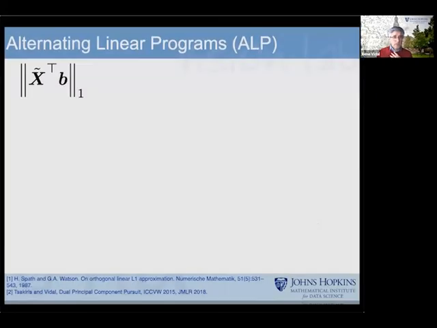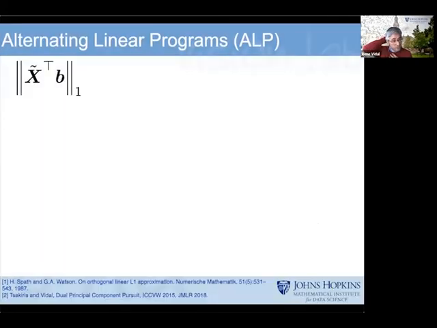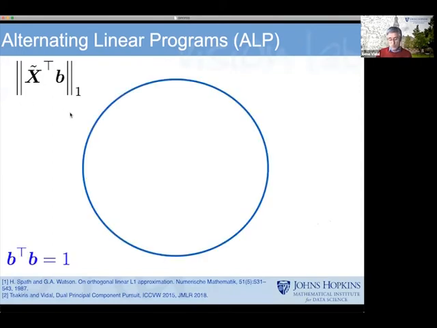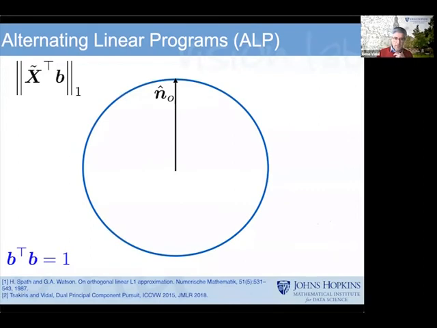So the first algorithm is based on solving a sequence of linear programs. The idea is essentially the following. We have to minimize that L1 objective subject to a unit norm constraint. So we begin with some initialization, and then we linearize the constraint around that initialization.